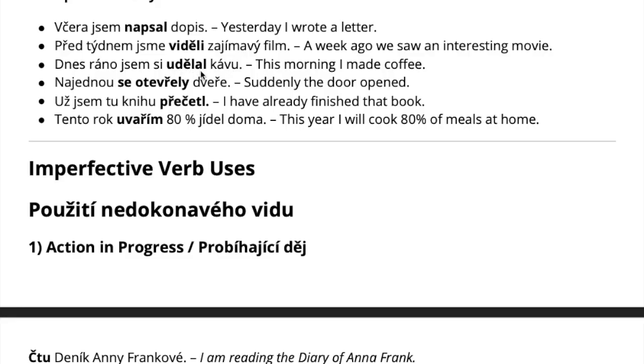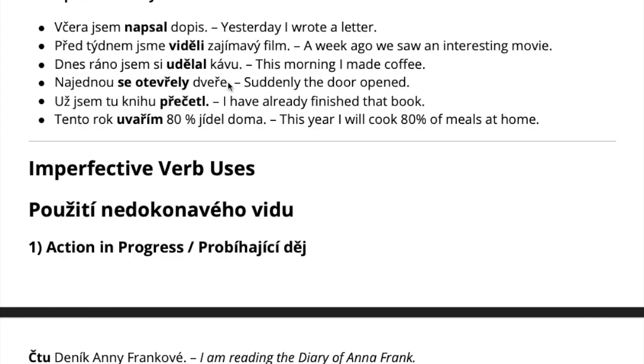So it doesn't matter in which tense I am going to make this sentence. If I'm talking about this morning, I am talking about a specific occasion, one instance. You have to imagine the timeline. So if I know where to mark that situation, that action, that activity, on the timeline, it should be a perfective verb.